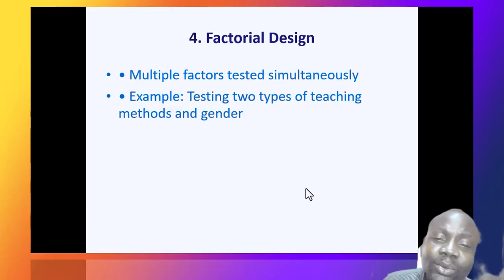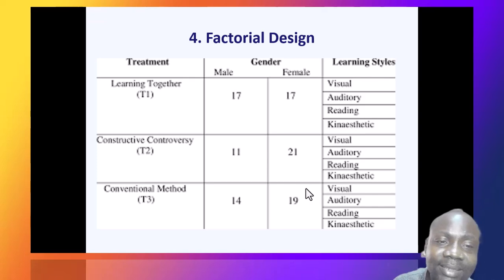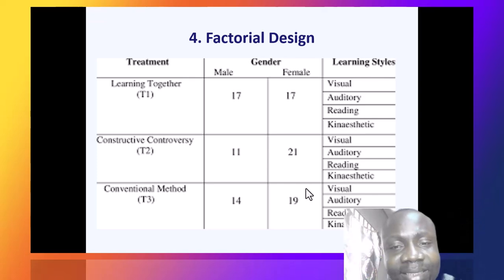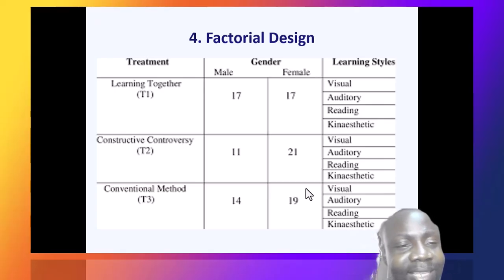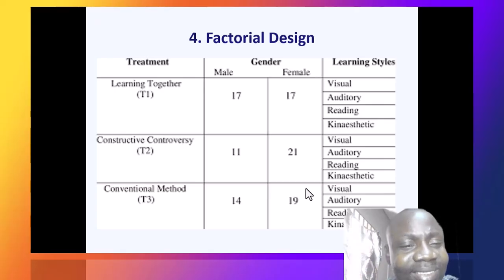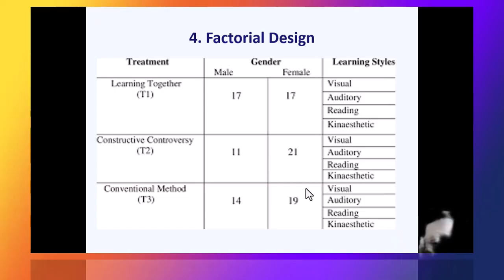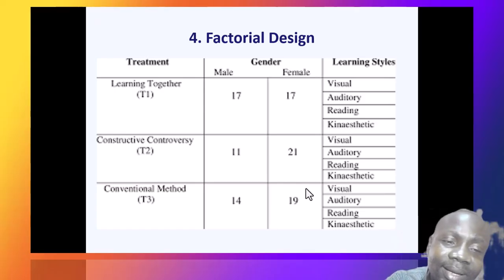So for us to take care of them, we do the factorial design. The slide here is a factorial design. The researcher wants to determine the effect of treatment, which is at three levels: learning together, constructive controversy, and conventional method.